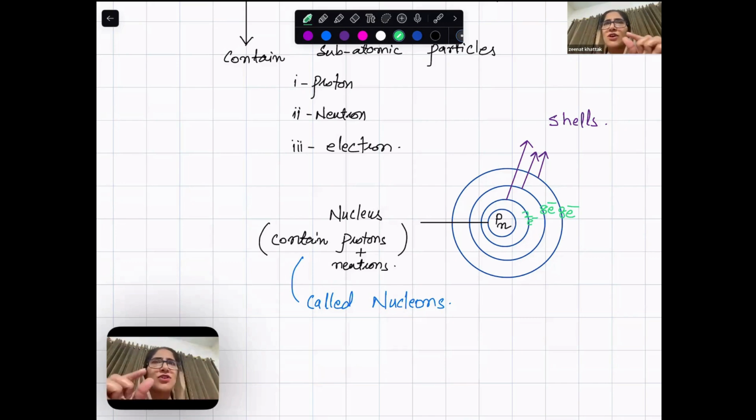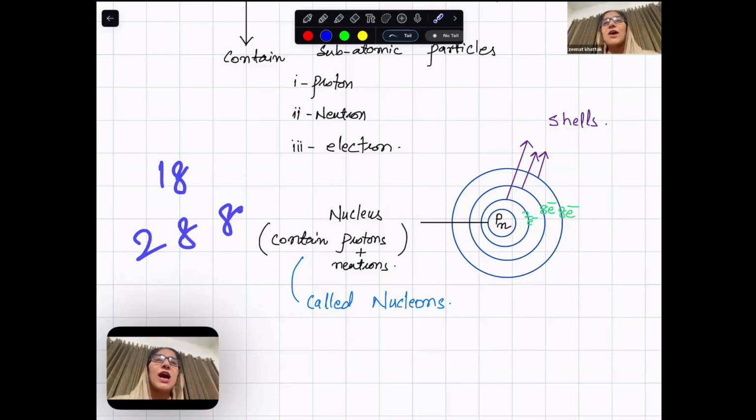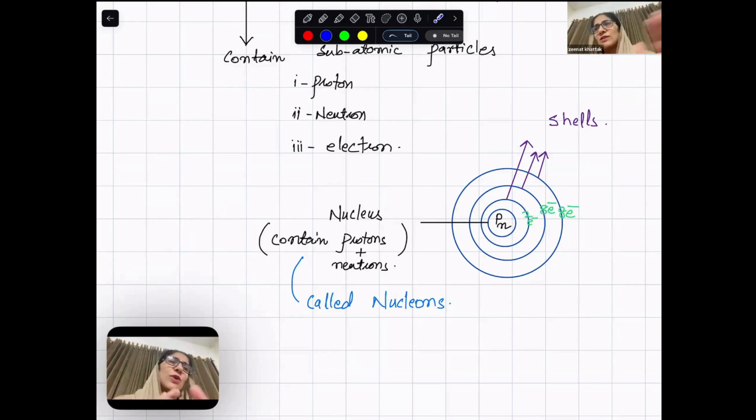But if I tell you in short, in the first 18 elements, it's 2, 8, 8. After 18, it's 2, 8, 18. There is a difference. This difference is 100% clear in A levels, but right now we are going to apply 2, 8, 8. Okay, it works for your configuration.